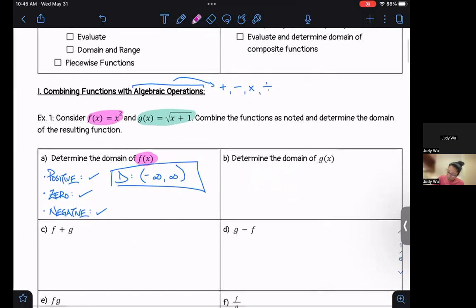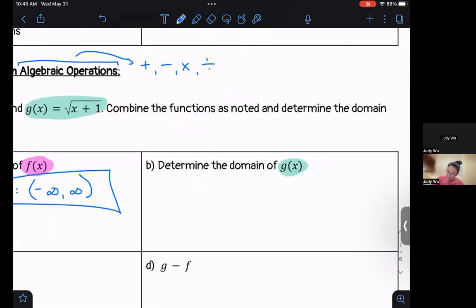Now we ask ourselves the same question, but looking at the g of x function. The g of x function is the square root of x plus 1. One thing I noticed right away is that we have an even root, meaning we have a square root. And so the even root means that we cannot have a number less than 0 that we take the square root of.